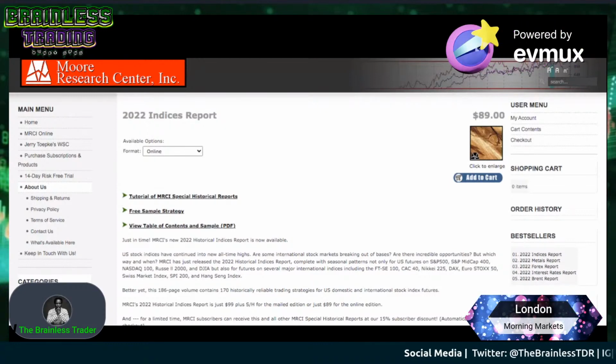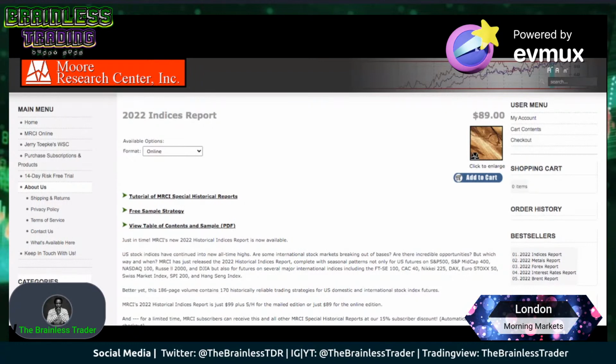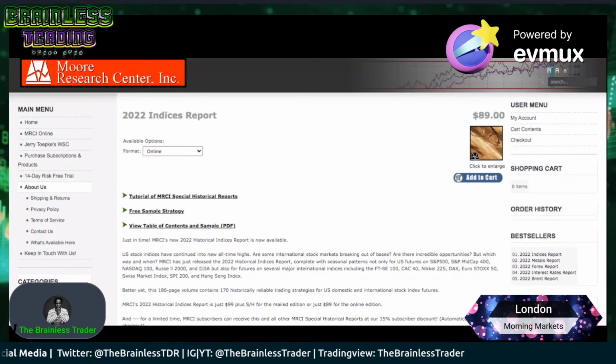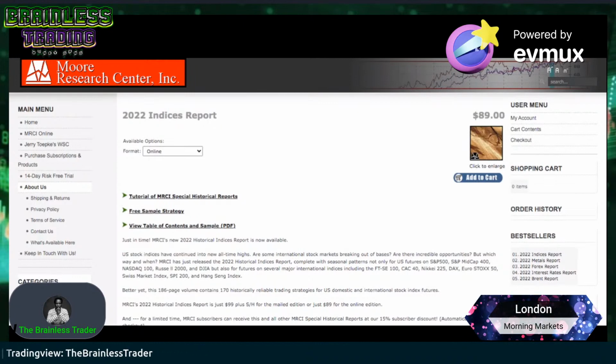Typically speaking, in the beginning of the year, January, February, March, price action is a little bit back and forth. For the DXY specifically, it'll be a little choppy.